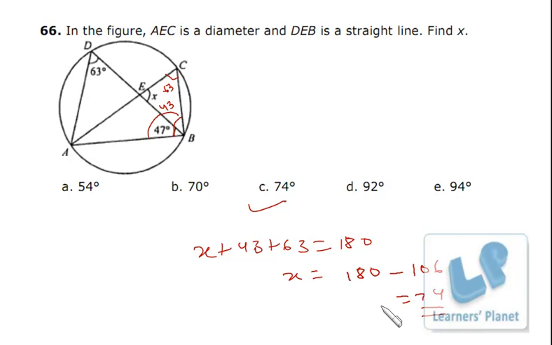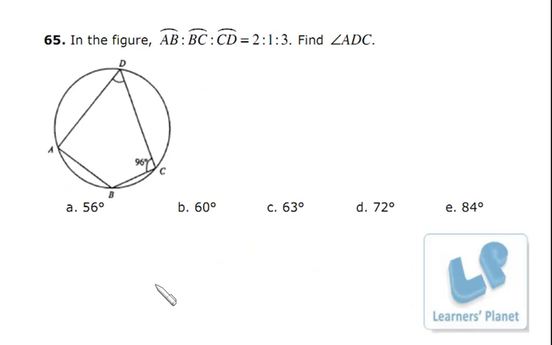Right? In the figure, the arcs AB, BC, CD are in the ratio 2:1:3. Find angle ADC. This angle we have to find out. So first of all, I just draw the center of the circle and make radius.